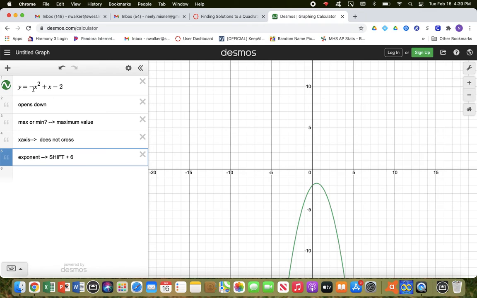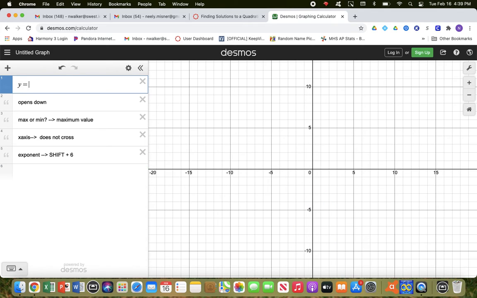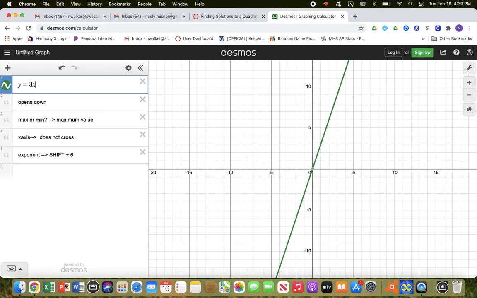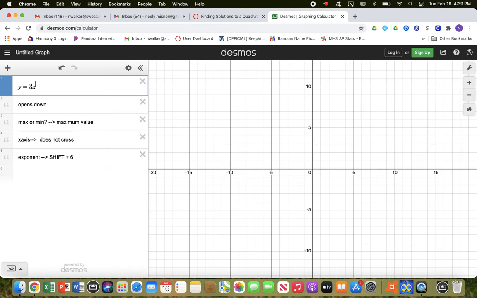So whenever I typed in my equation here, I typed in y equals, and then if I want to type 3x squared, I hit 3x, but to make my squared, I hit Shift 6, and then I can type in my 2. Then to get out of the exponent, we hit the right arrow once, and it comes out. So then you can type in whatever the rest of your equation is.